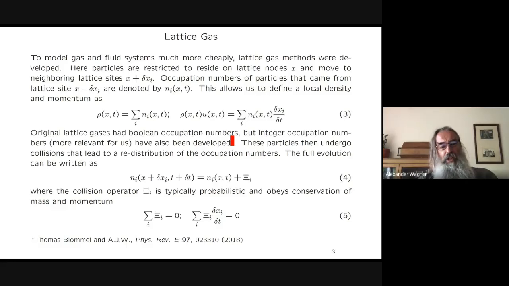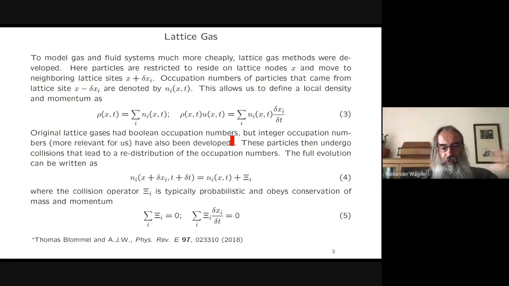Now, you can actually make this an integer value rather than a Boolean value, and that removes a lot of these Galilean invariance problems that people had, and you can recover an integer lattice gas, which is just a lattice gas version of a lattice Boltzmann method.